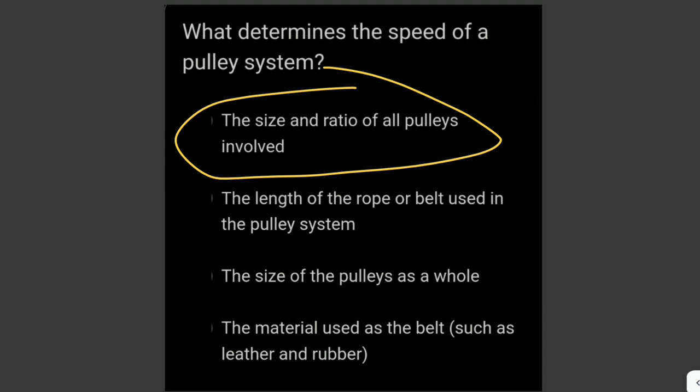So the size and ratio of all involved pulleys determines the speed of a pulley system. A large pulley driving a smaller pulley, for instance, will result in greater speed, as the large pulley's single revolution will result in multiple revolutions for smaller pulleys. So the length and material of the belts are not a factor here, nor is the size of the pulleys as a whole, rather than in relation to one another.